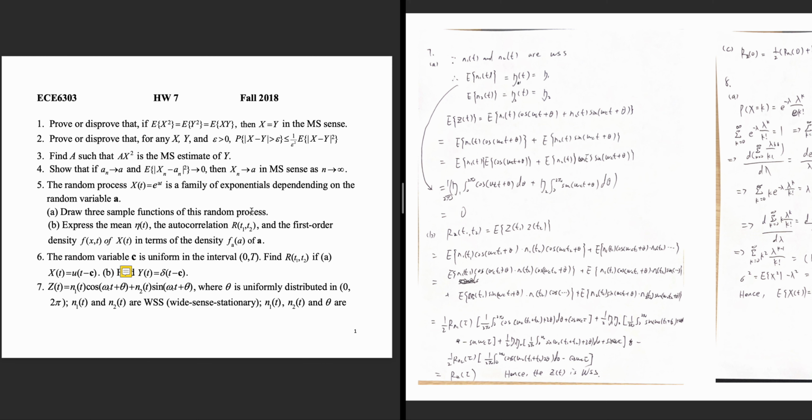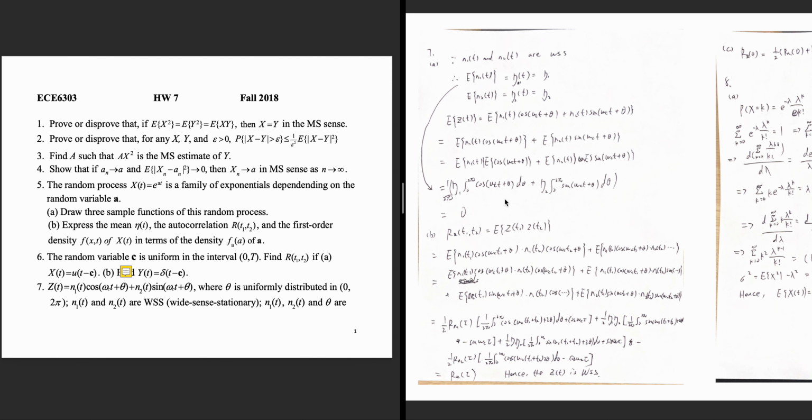Because we already know these two are WSS, we can use E[N1(t)], which gives the result eta 1, and E[N2(t)], which gives eta 2, and we know these two are constants.